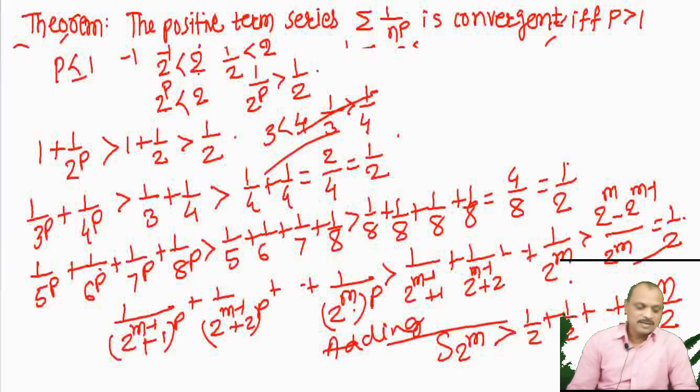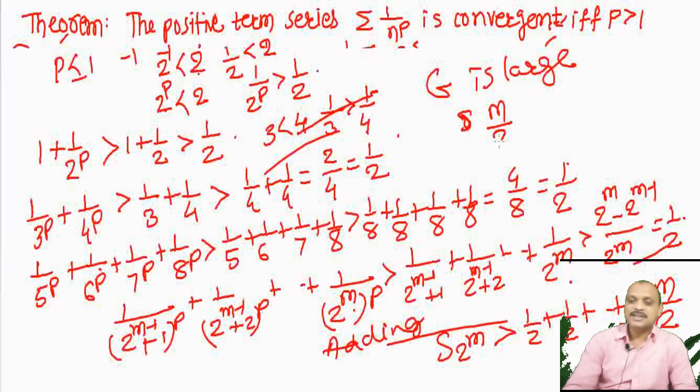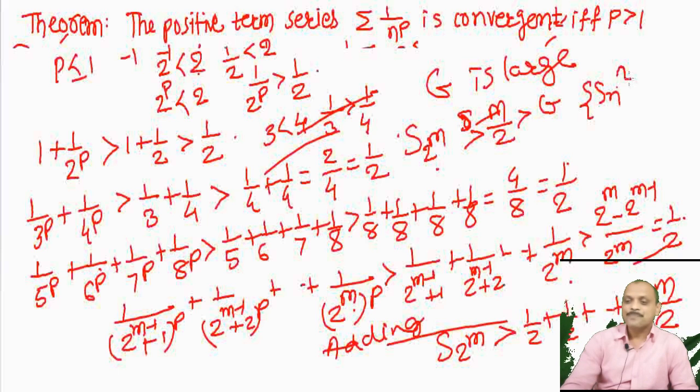This shows that if we take g, whatever large number, we have the number m by 2 which is greater than g. So this sequence Sn is not bounded above. If it is not bounded but it is monotonic increasing, then it is not convergent. As the sequence is not convergent, the series is also not convergent.